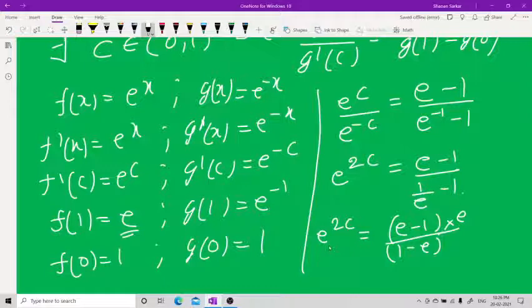Oh, I made a mistake. I made a small little mistake when I did the differentiation. It is minus e to the power of minus c. So the minus will come here. Wait a minute.